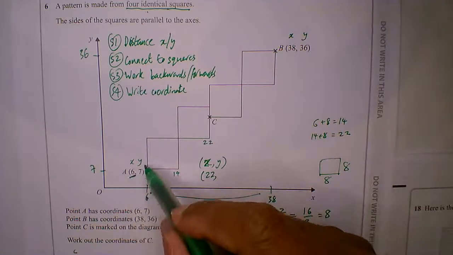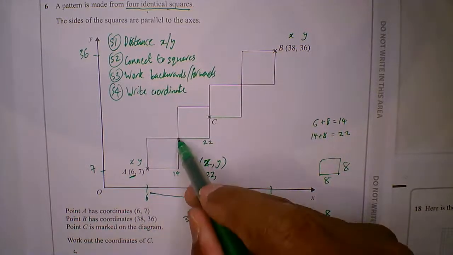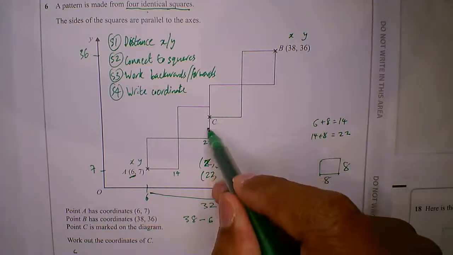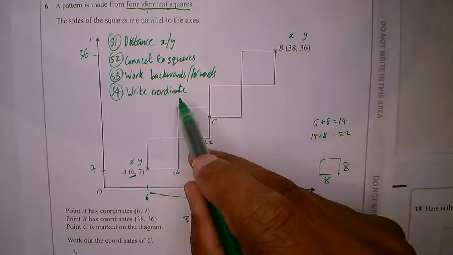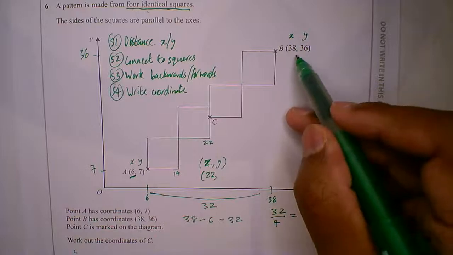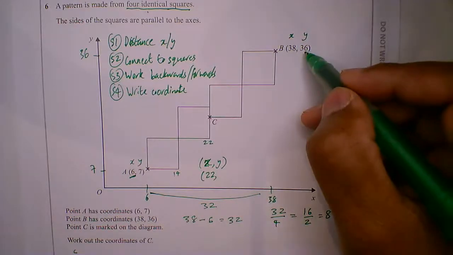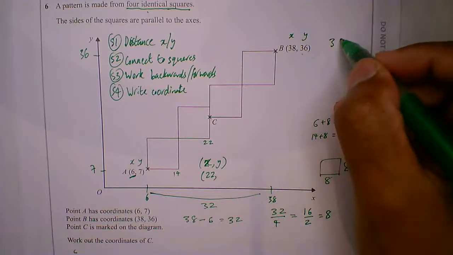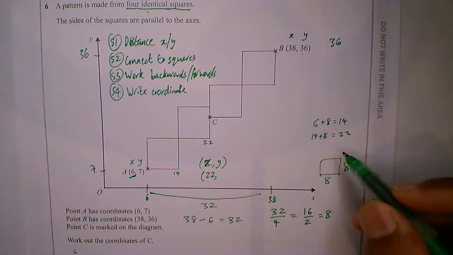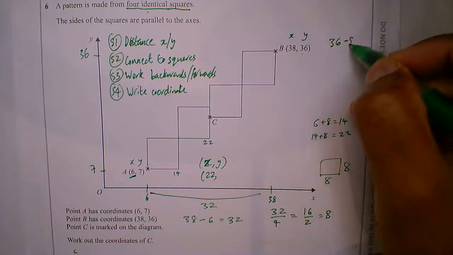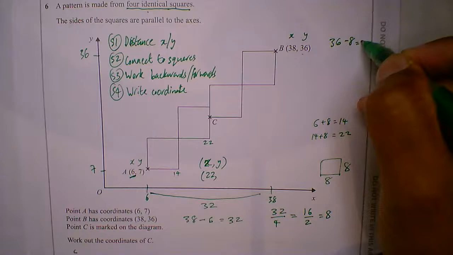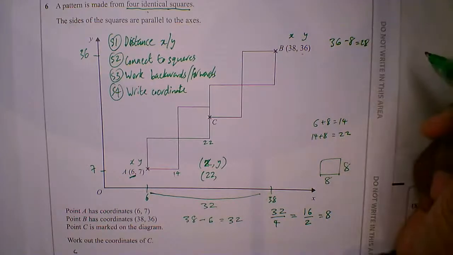Okay, let me look at my y part. If I go up in y's, it's in the middle of this, so that doesn't really help me. So now I can try working backwards, maybe from this coordinate. So I've got, this is my y coordinate, 36. So 36, and it's 8, so I'm going down. So I'm going to take away 8. 36 take away 8 is 28.